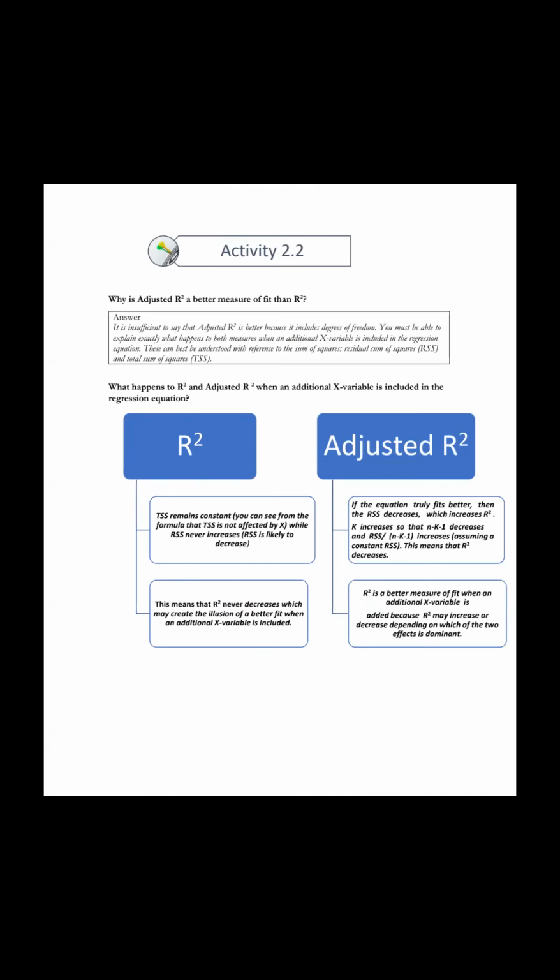I'm not going to talk much on this because we are going to do it again. What happens to your R squared when you keep increasing your independent variables? And what happens to your adjusted R squared when you keep increasing your independent variables? That one we are going to look at from the next session.